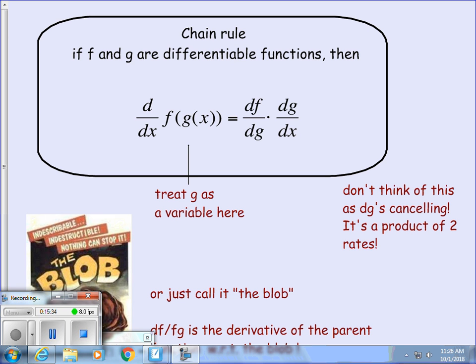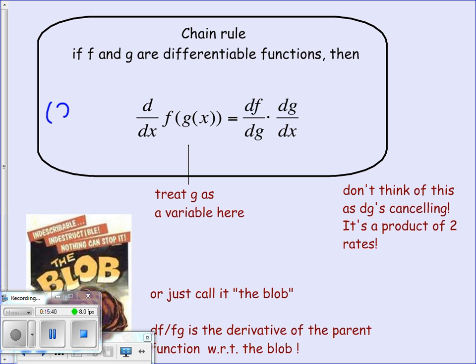So here's our basic example. I want to take the derivative of 2x plus 1, all raised to the fourth.